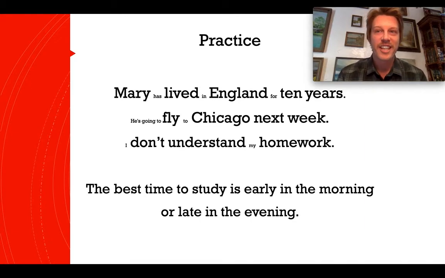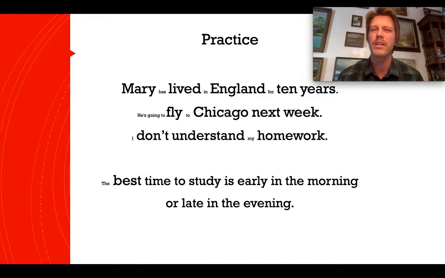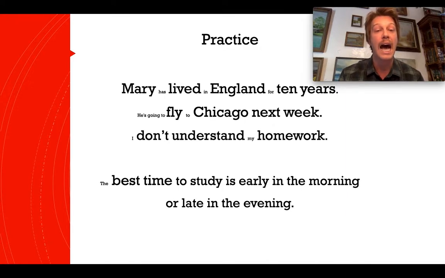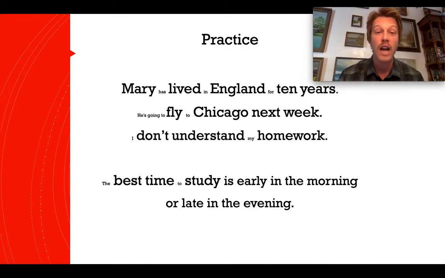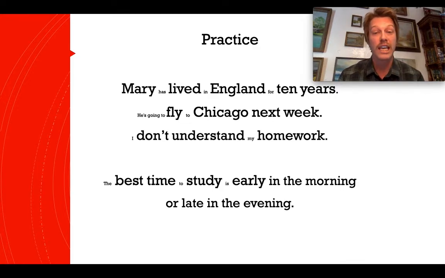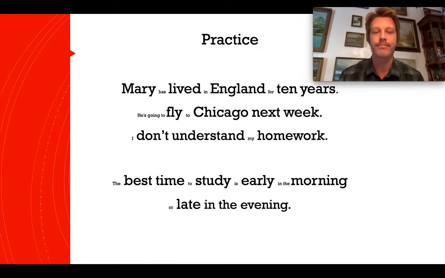Let's do a longer sentence. The best time to study is early in the morning or late in the evening. The first word is best, right? We need to say it, but we don't need to stress that word. So best, then time, study is our action, early, morning, late, evening.